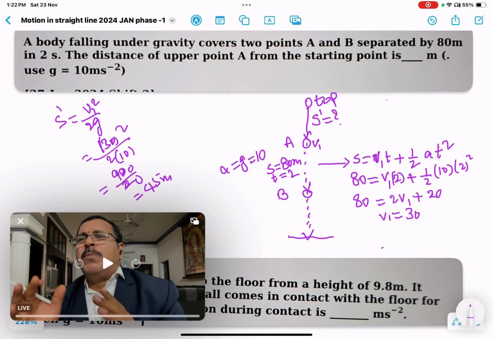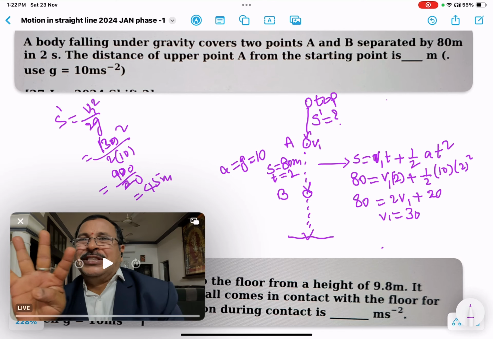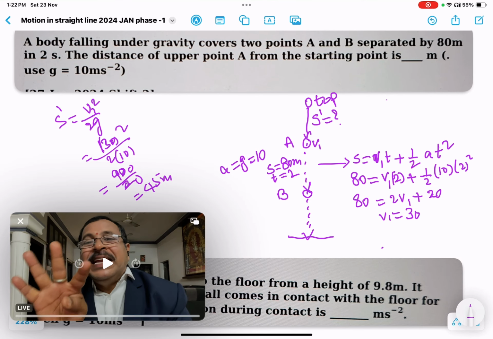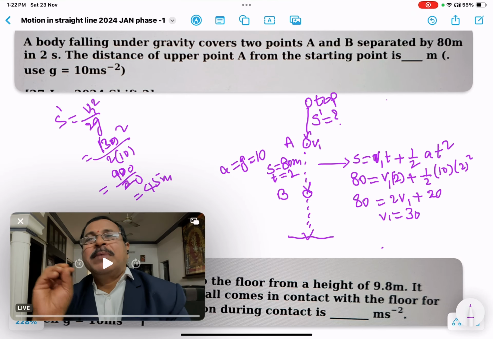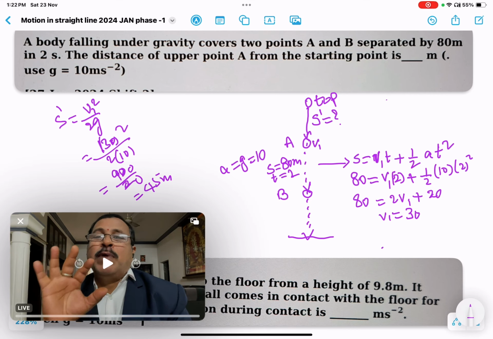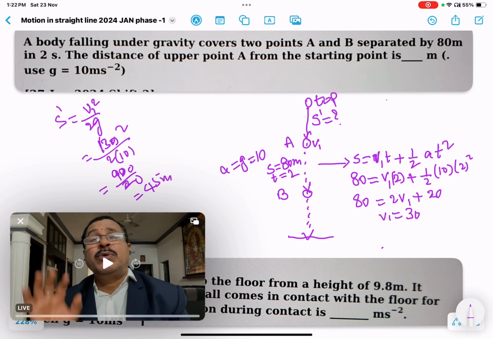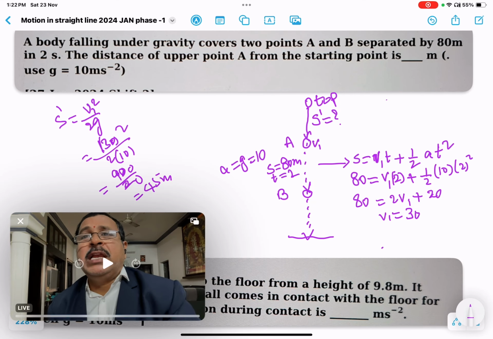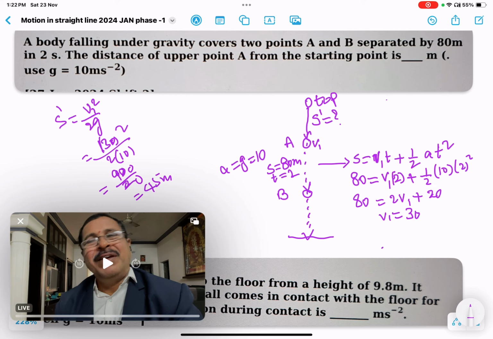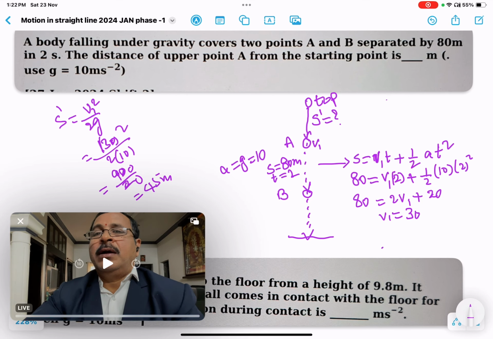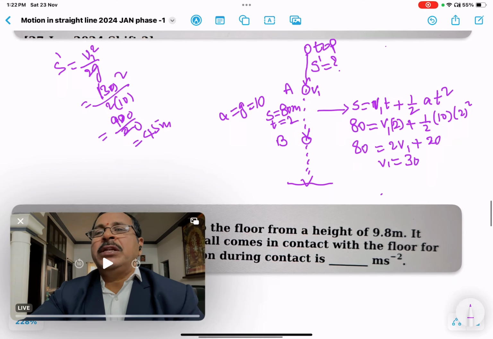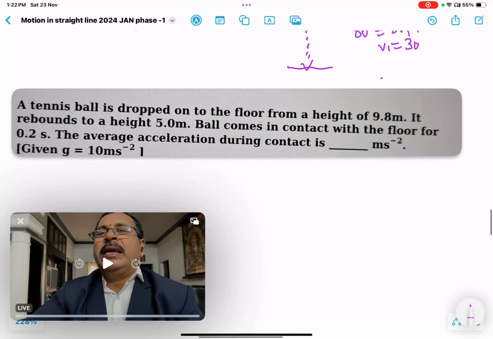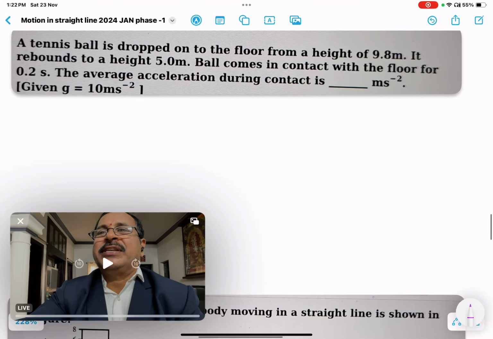Any problem we can solve by using the 4 equations of motion, but under some conditions we can apply those formulas. By solving those equations, we can get it. Very simple. Come and join in our institution. You can understand each and every problem clearly without any strain.